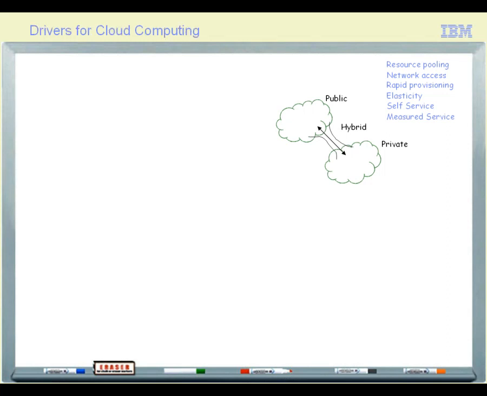So now that we see what a cloud looks like overall, let's take a look at some of the drivers around cloud computing. When we look at the reason why people are moving to cloud, one of the first things is that customer expectations for what you can do in an internet environment have changed dramatically in the last few years.